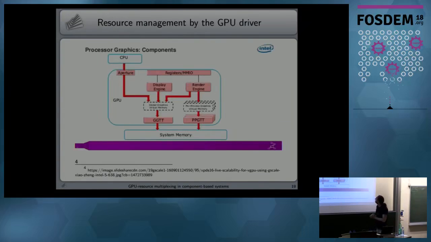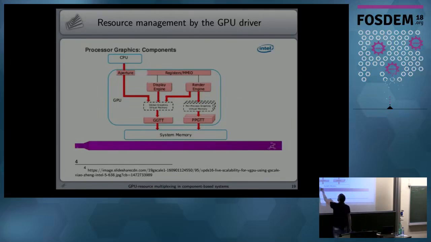Okay, so now it really gets more technical. So basically, here you have your GPU. There you have the render engine. And the only way for the CPU to actually access the graphics memory is through a so-called aperture. An aperture is an MMIO window, a memory MMIO window in your memory. And the CPU has to map this memory through the aperture.